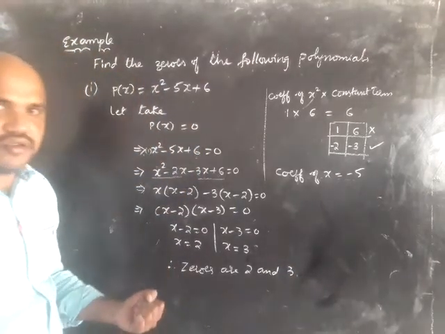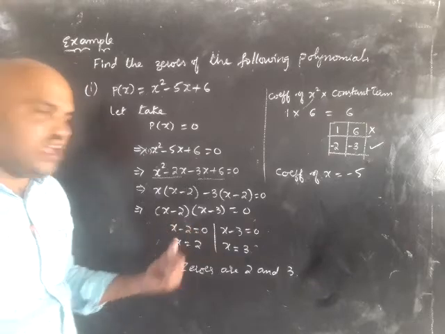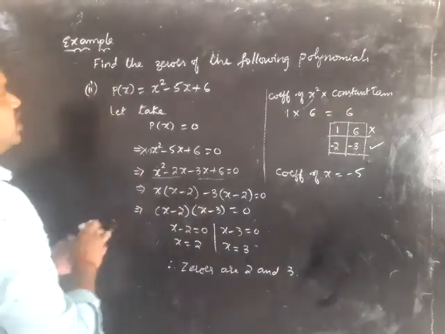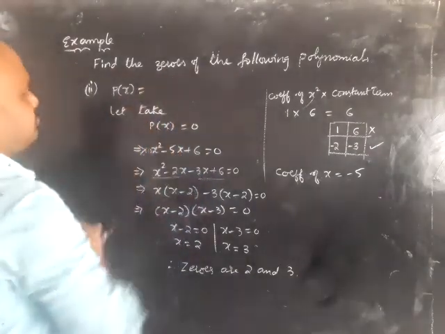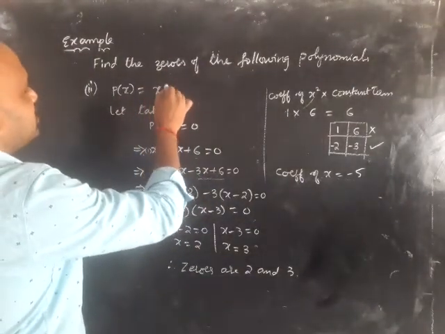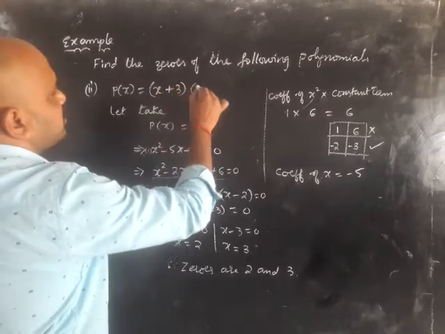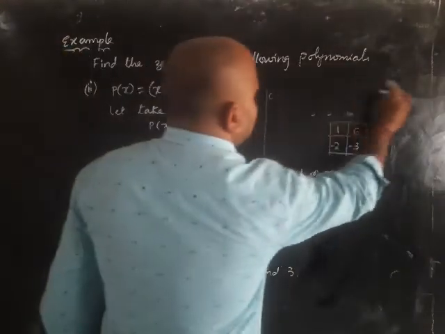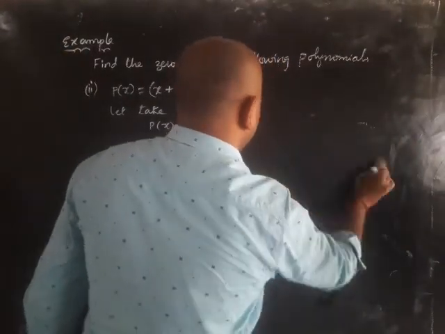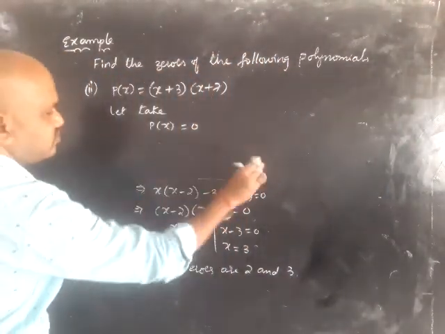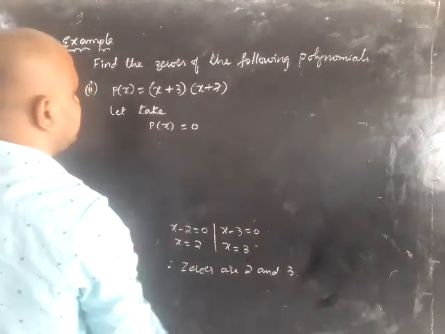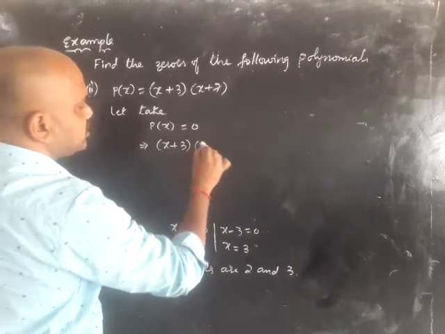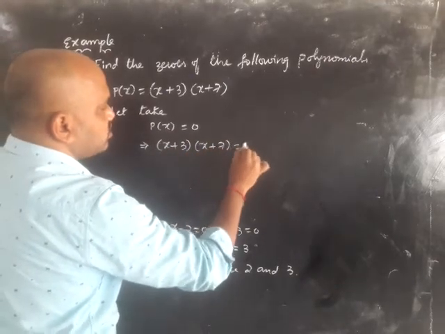Is there any doubt here? No doubt. So if the question is like this, second question: if p of x is x plus 3 into x plus 7, take p of x equal to 0, so x plus 3 into x plus 7 equal to 0.